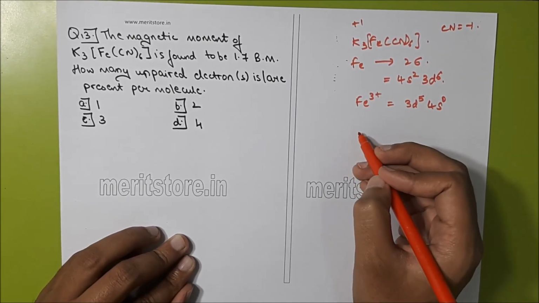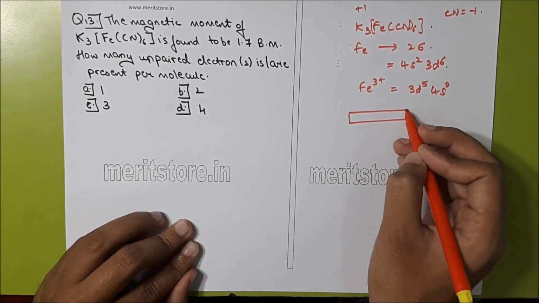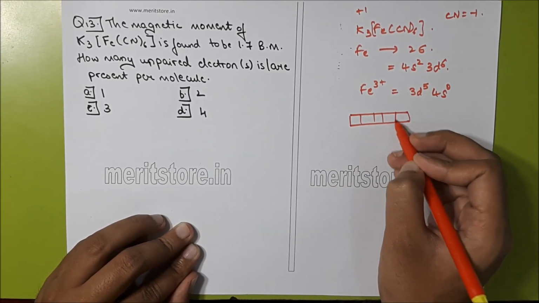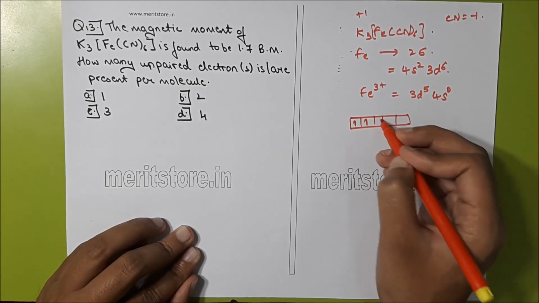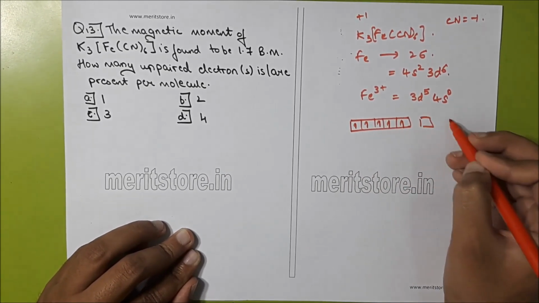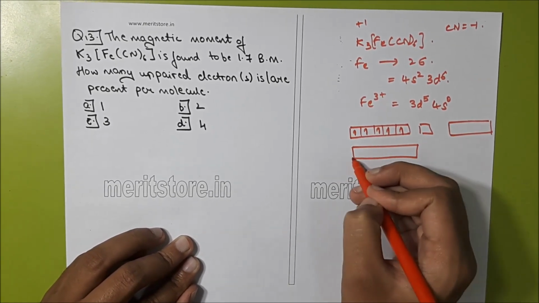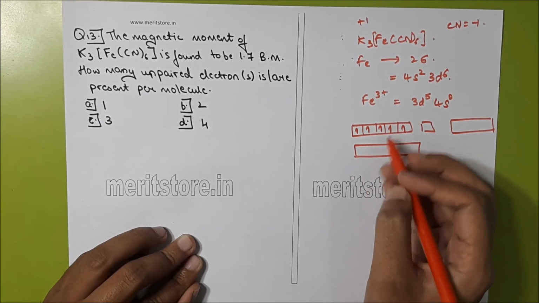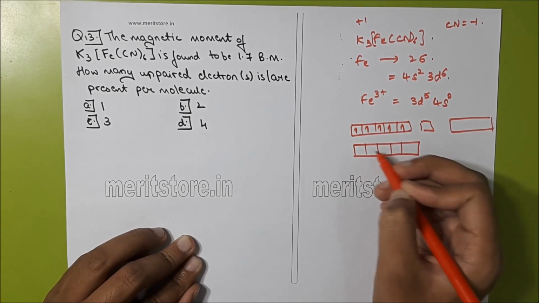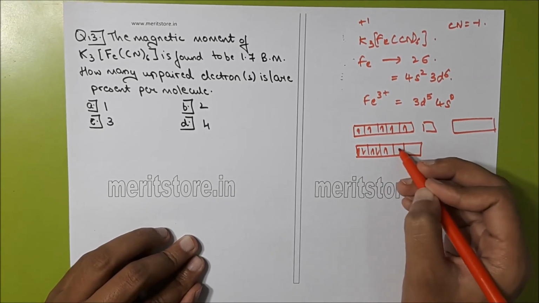So by molecular orbital theory, we get 5 unpaired electrons in iron. Because CN is a strong field ligand, there will be pairing of electrons and there is one unpaired electron.